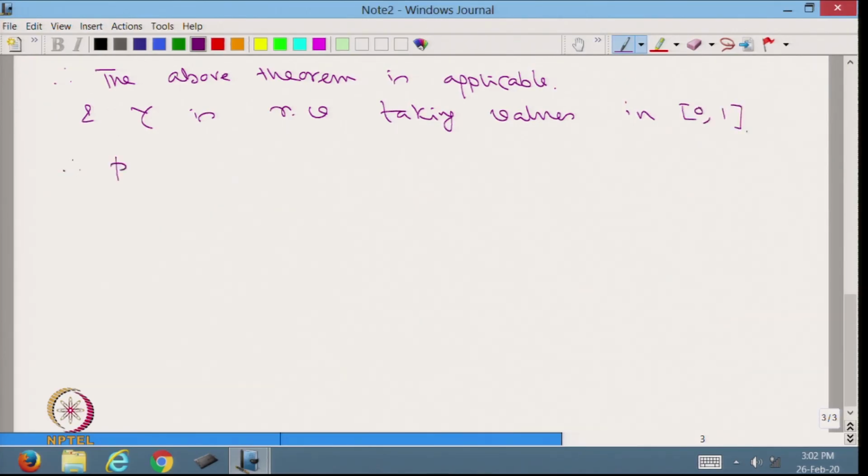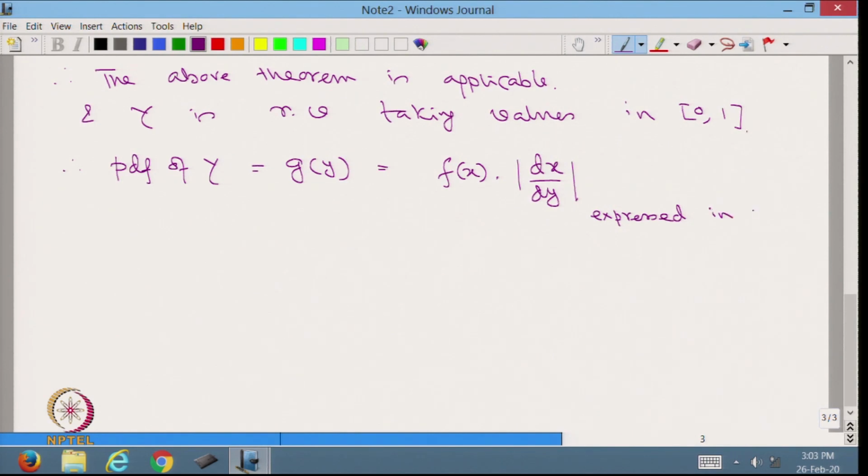Therefore, PDF of y is equal to g y, which by the above theorem is f x into modulus of dx dy expressed in y. But we do not do that, we write it as follows.